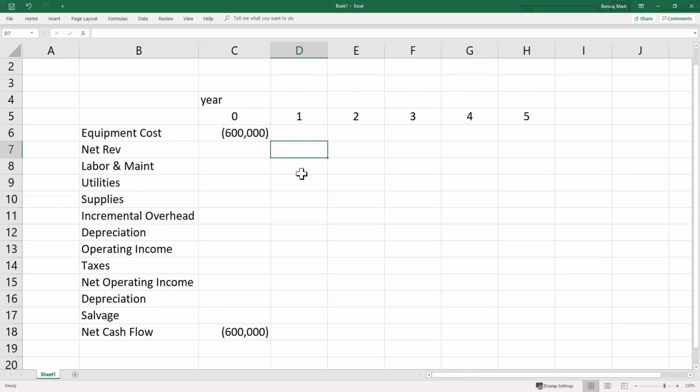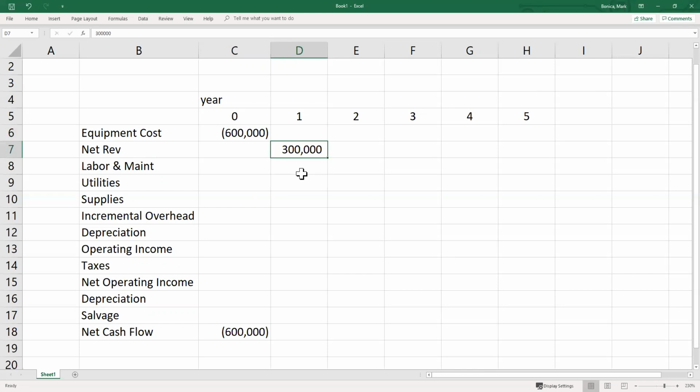If you go to the problem, it gives you information about the number of times the equipment is going to be used per day, times the number of days it's going to be active, times the net expected revenue per scan. If you multiply all that together, you get $300,000. So we're expecting an annual net revenue in the first year of $300,000.